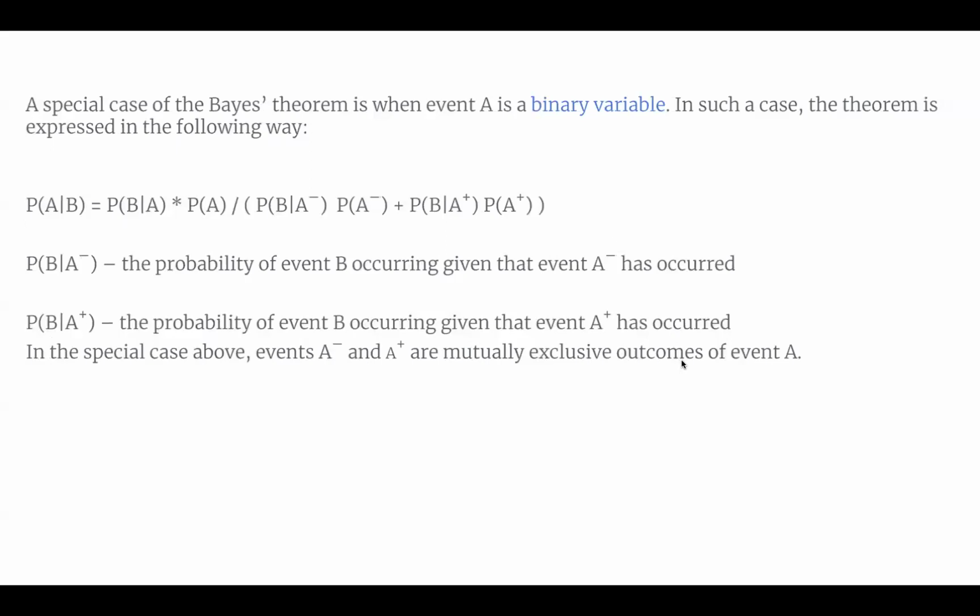Now, there is a special case of Bayes' theorem when one of the events has a binary value, like true or false, happening or not happening.